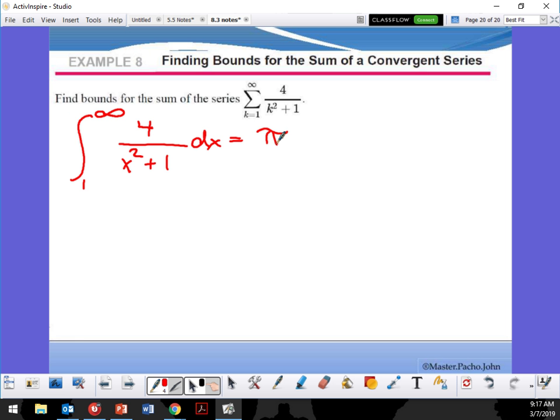Okay, so now I'm going to start with the lower bound. So I'm going to write it as pi less than the sum from 1 to infinity of 4 over x squared plus 1.